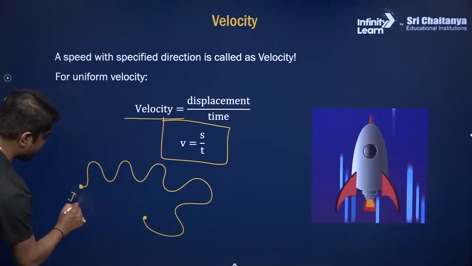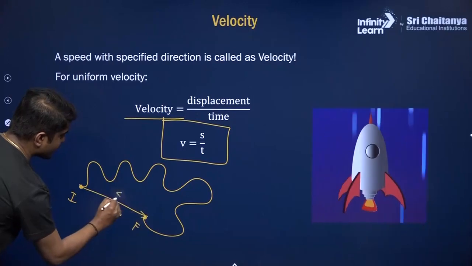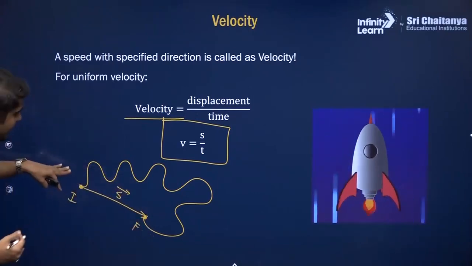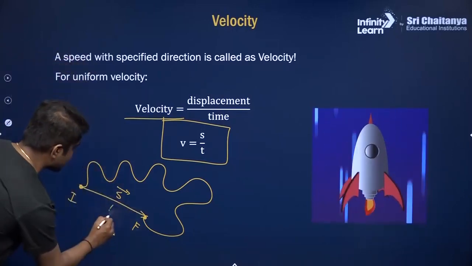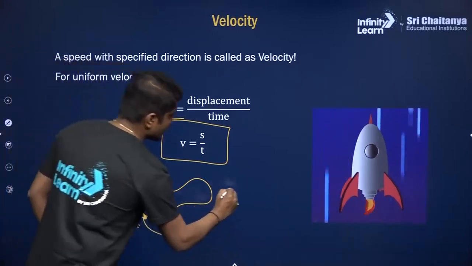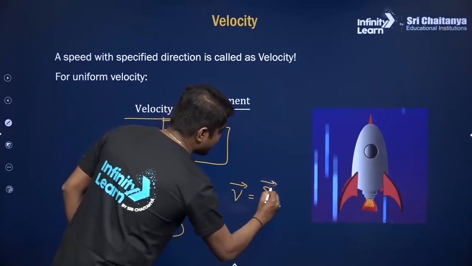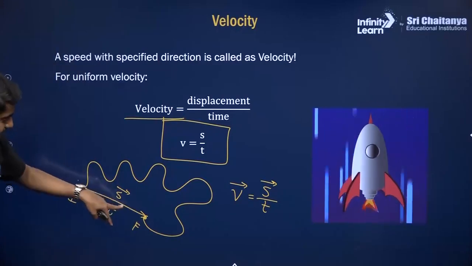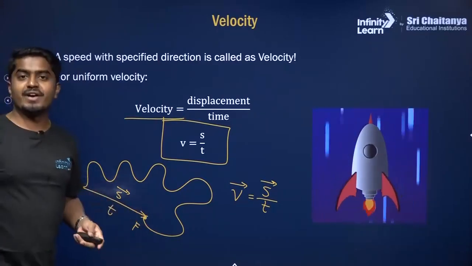There is an initial point and a final point. The shortest distance is our displacement. If the time taken is t, then the velocity is displacement divided by time, the displacement and the time taken to reach from the initial to the final point.